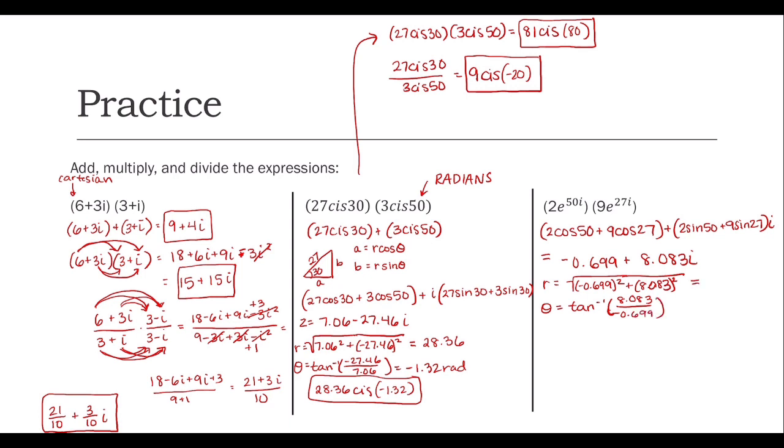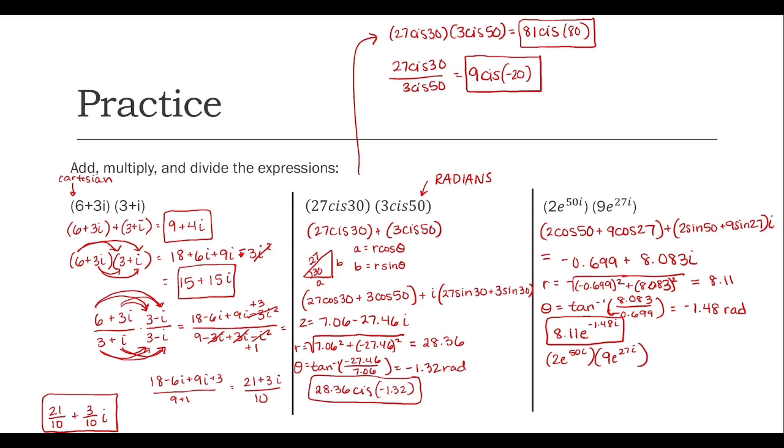So our radius is 8.11 and our angle is negative 1.48 radians. So the sum is 8.11 e to the negative 1.48i. For our product, we have 2e to the 50i times 9e to the 27i.